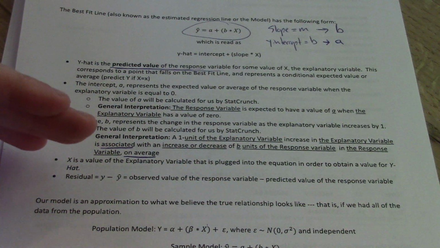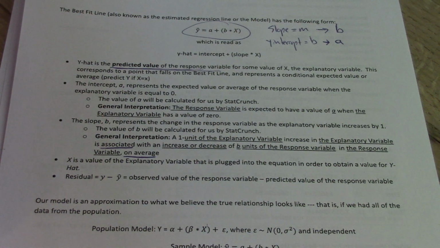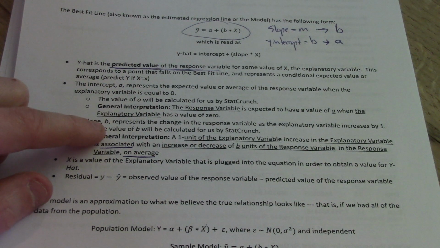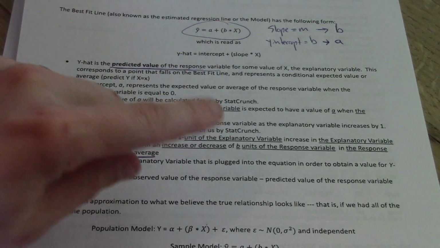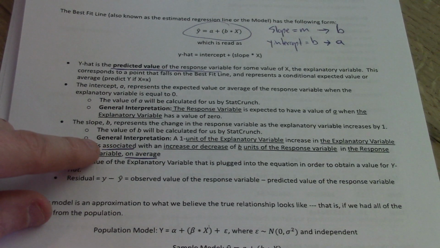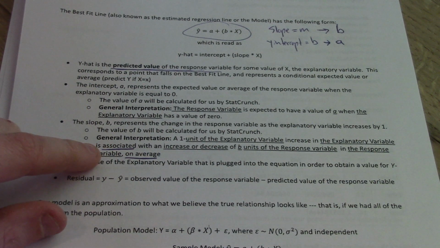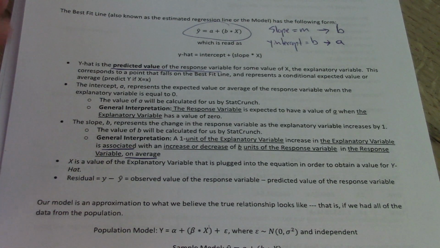It sounds like there's a causal relationship between age and price, and we don't know that. All that we know is that there's an association. There's a pattern. There's some type of correlation. So we don't want to interpret the slope and make it sound causal. That's why we're saying we're seeing a change, but that's due to this association, not a causal thing.